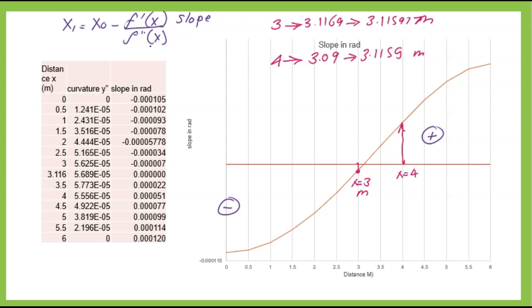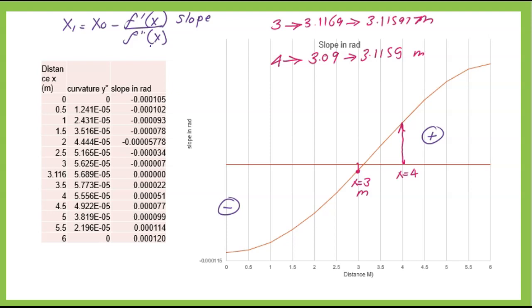This is the 3 value. When we have x equal to 3, this is the f dash value and this f double dash value. This is when we multiply by -1, it will become positive. That's why the 3 is increased. It will lead us to 3.11597. While when we start by 4, we started here by 4, this is a positive value.